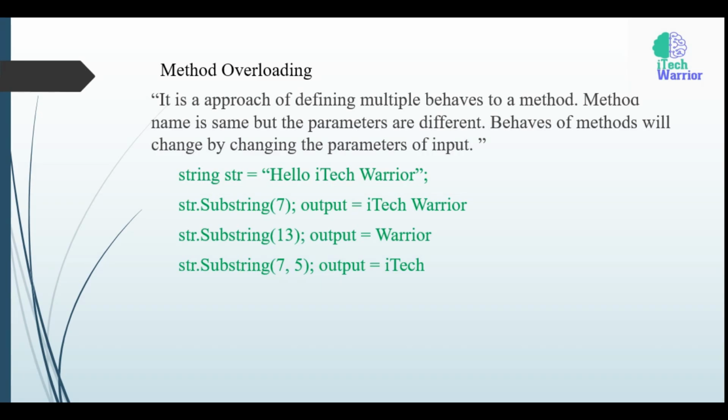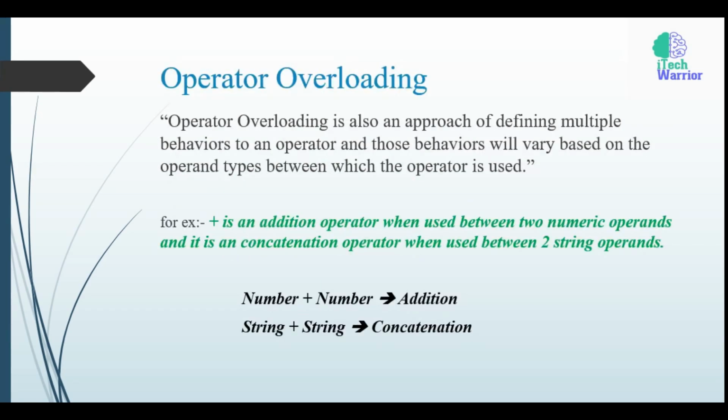So we move on to understand operator overloading. Operator overloading is also an approach of defining multiple behaviors to an operator, and those behaviors vary based on the operand types between which the operator is used. Here you can see two statements: number plus number equals addition, string plus string equals concatenation. In both statements we use the plus operator.